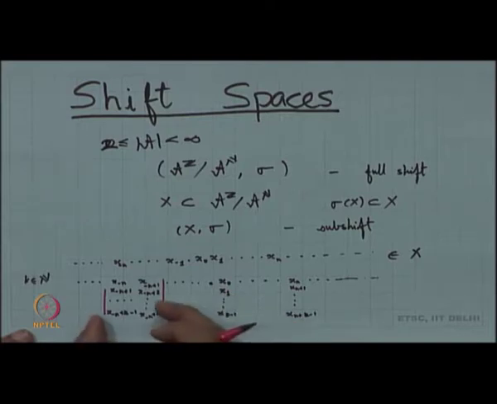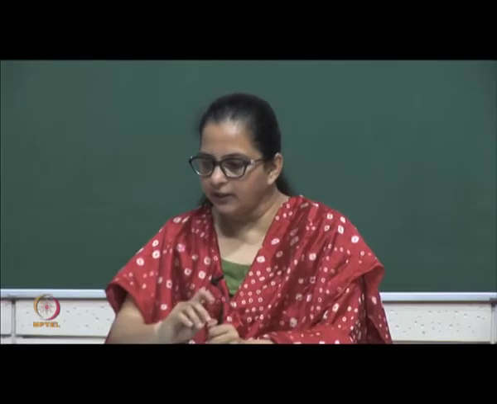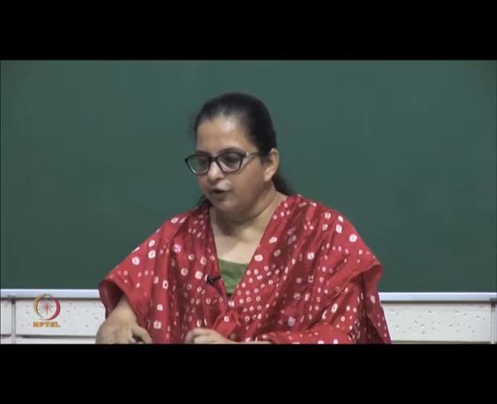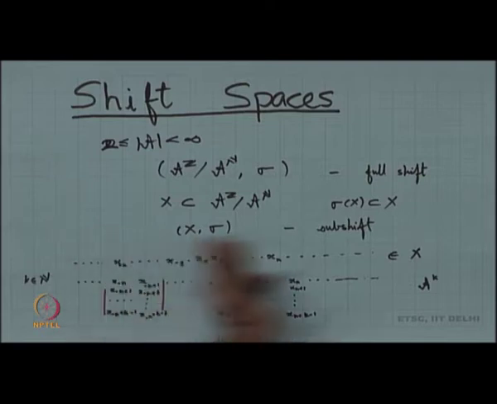If these two blocks agree, then I am writing the same shift in terms of a higher block, and this is called a higher block version. You can think of all of these as alphabets, so your alphabets now are in A^k. What your shift is doing is nothing but shifting this point one side to the right.